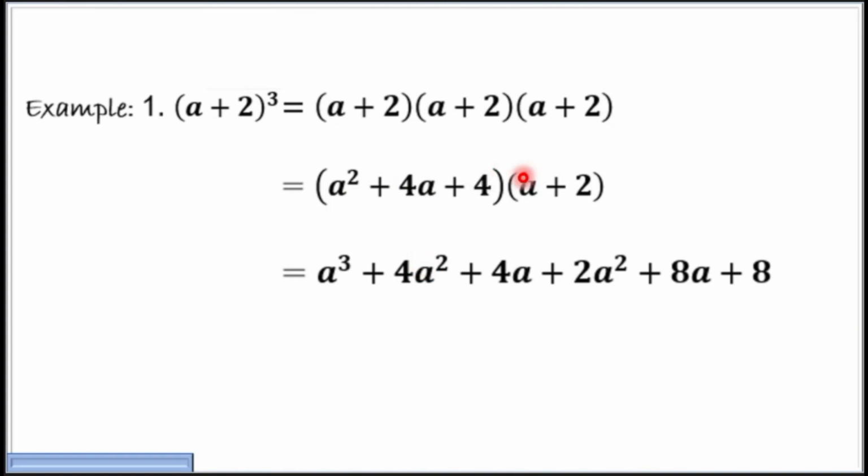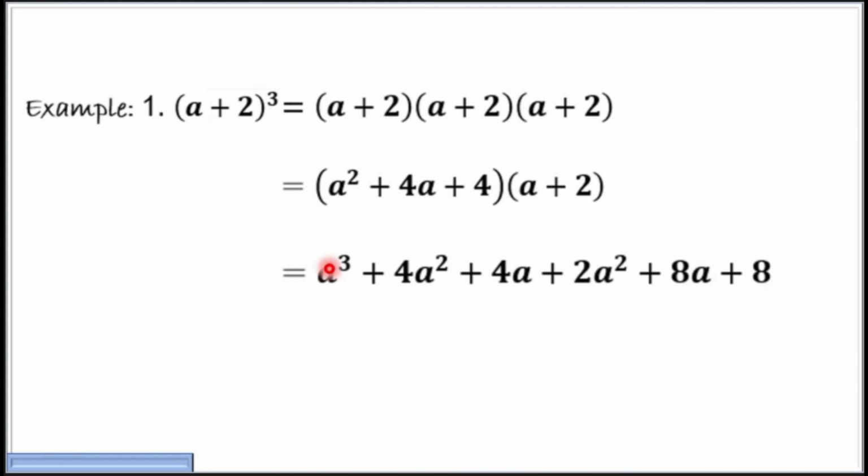Then 4 times a is 4a. Next is a squared times 2. That is the FOIL method or distribution. So a squared times 2 is 2a squared, plus, all positive here. So 4a times 2 is 8a and 4 times 2 is 8.